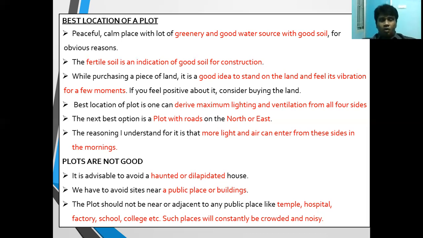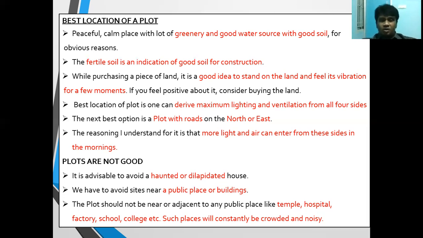Then we have to avoid sites near public places or buildings, public places like temples, hospitals, factories, schools, colleges, etc. What is the reason? You feel crowded and noisy. Actually, the main reason for purchasing a home is to live a peaceful life in the environment.